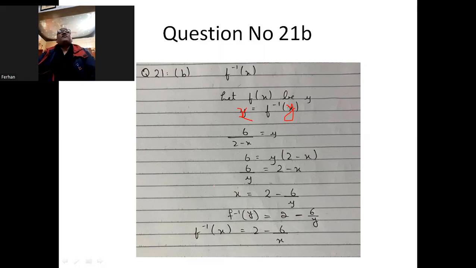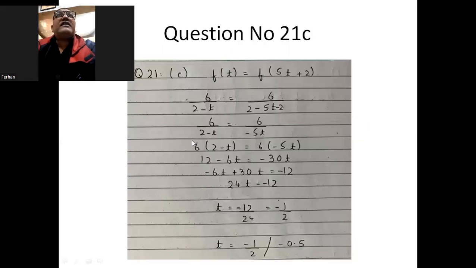So in the place of x, I can write f inverse of y equals 2 minus 6 by y. So f inverse of x will be 2 minus 6 by x. So this is how you do this question, and it's very easy.